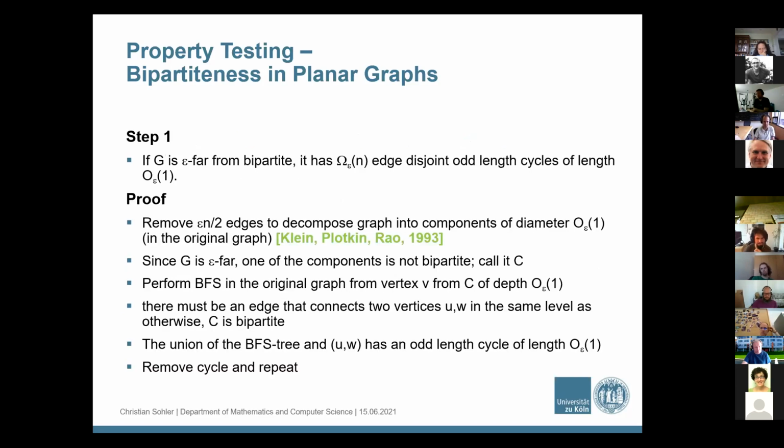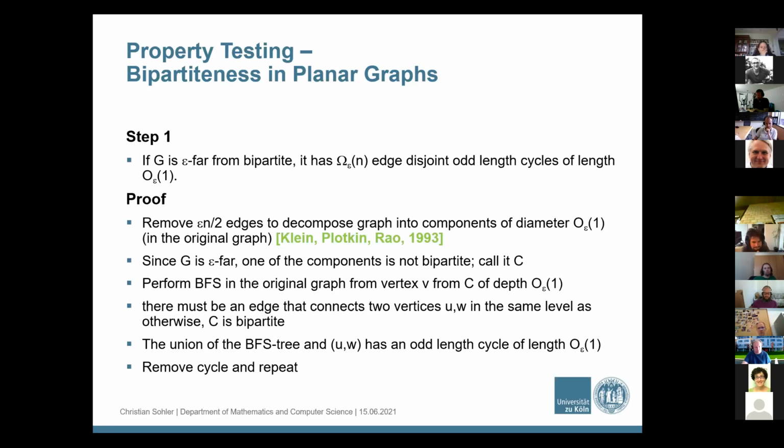In the first step, we prove that if a graph is epsilon far from bipartite, then it has a linear number, so I'm assuming epsilon to be constant, it has a linear number of edge disjoint odd cycles of constant length. And that's actually not very difficult to prove.